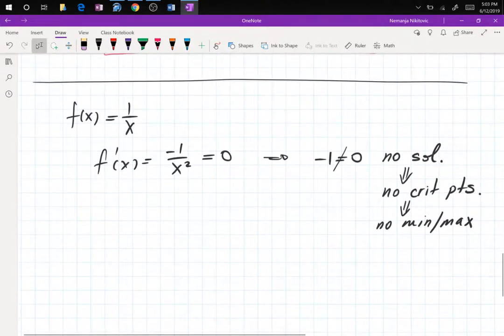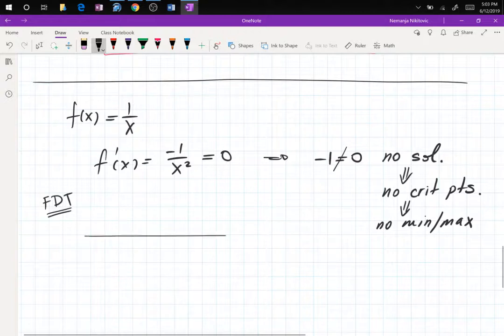Now, to do the first derivative test, I said if you have no critical numbers, critical points, then the partition is one partition. But then hold on. We have a vertical asymptote here. So a vertical asymptote is also something that partitions. So we're going to do another partition over here, at 0, from negative infinity to infinity.